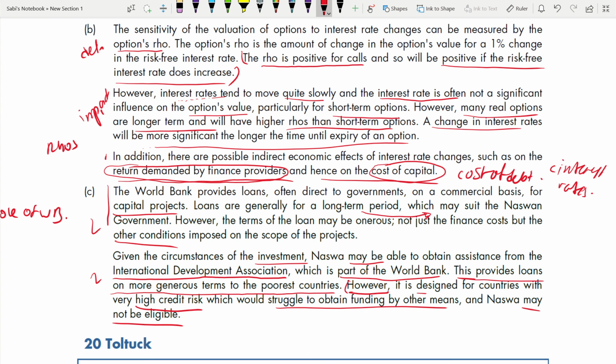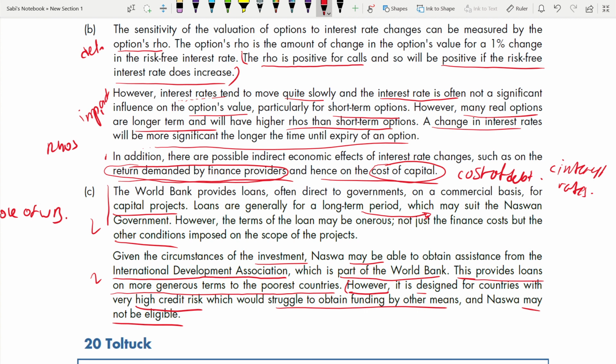To come to sustainable development, the country has to be at a growth stage. The poorest country cannot afford it. So looking at those case study facts, this is how you have to analyze, right? That's why based on this, NASWA may not be eligible, because nowhere in the case study do they say that the company is very poor or struggling financially.